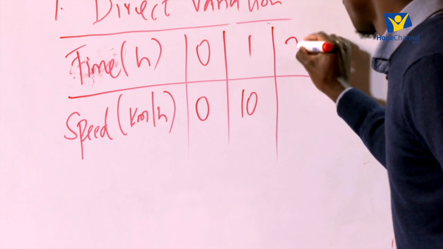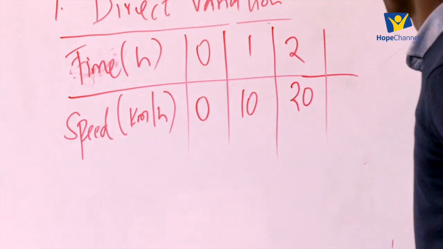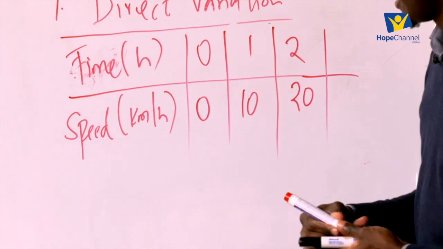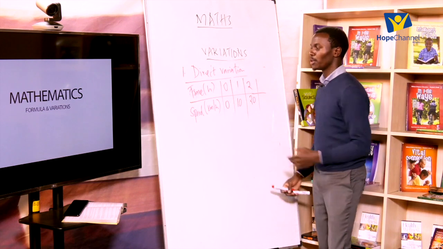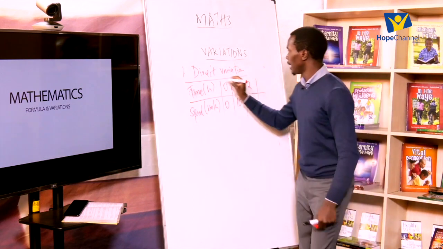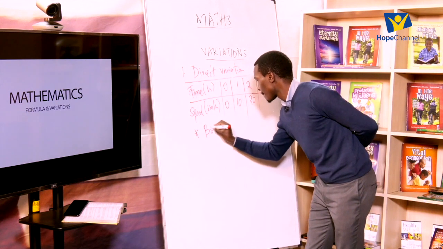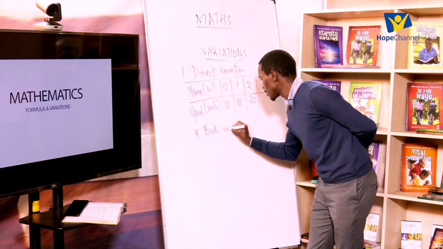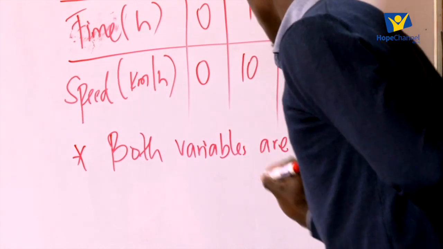After 2 hours, its speed, maybe it's 20 kilometers per hour. So basically what it's telling us here is that as time is increasing, speed is also increasing. So in direct variation, both variables are increasing.